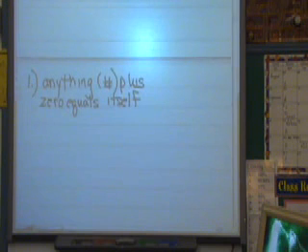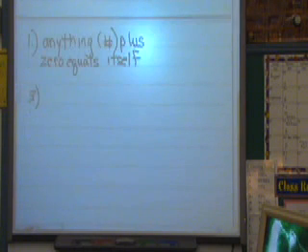Number 3, what are the directions now, Wes? Name the property shown by each statement. Look to see what's happening and then identify the property. They're listed across the page and one is at the top of this page. What property is that? They changed the order of the numbers.